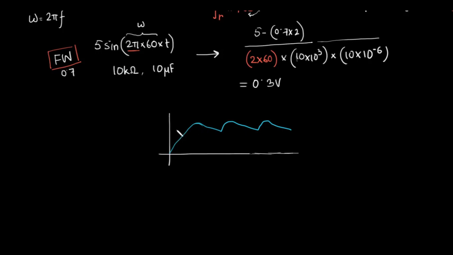You can guess that the average value will go through the middle of the graph, because we have some parts that are very high and some parts that are low. If we take the average, the high part will cancel out the low part, and our output will go through the middle of this ripple. So what will be the value of this middle portion, this average value?